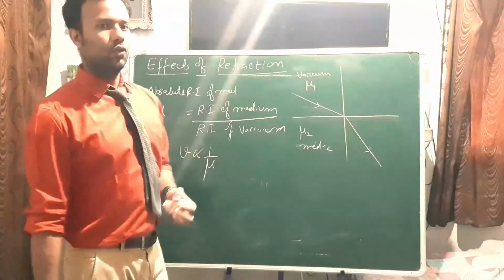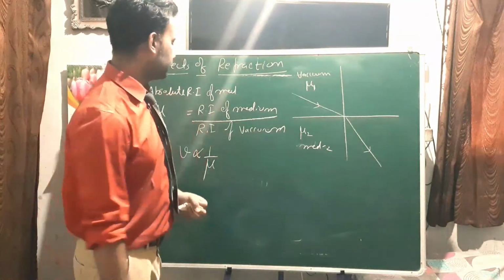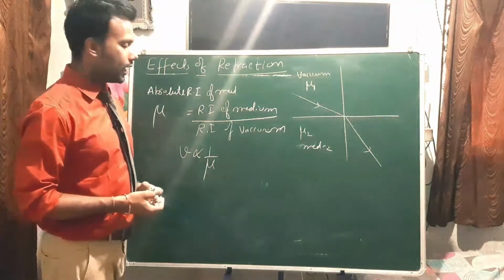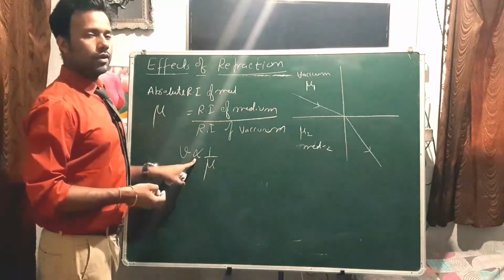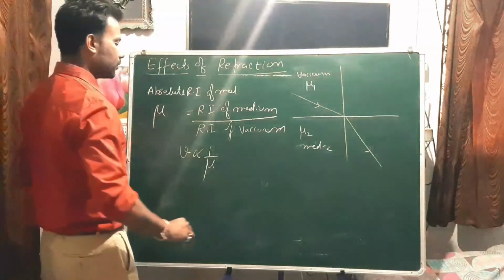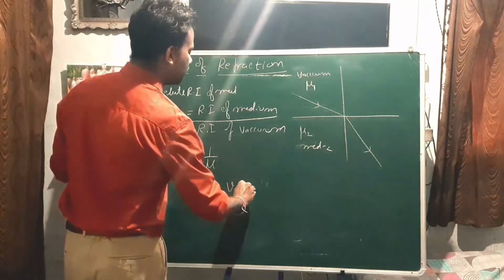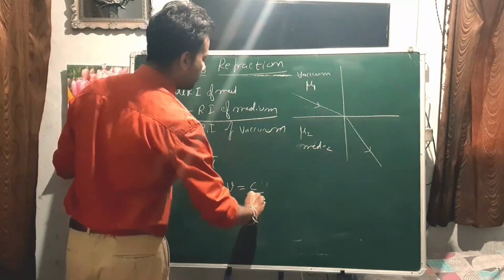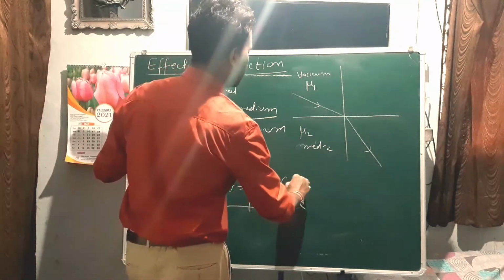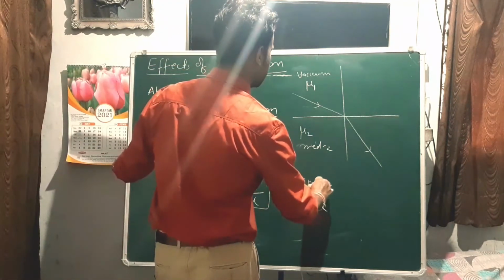Higher the mu, lower will be the speed of light in that medium. Now these are proportional, not equal to. So we have to remove this proportionality sign and apply a constant here. When you apply the constant, that will be V equals C upon mu. Now what is C here?